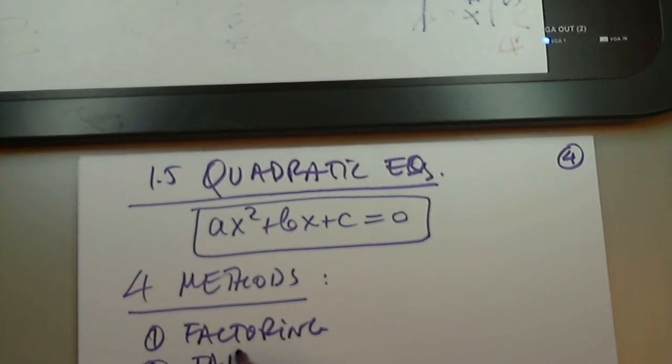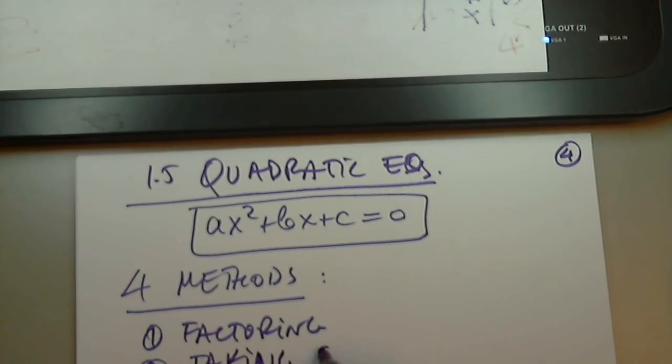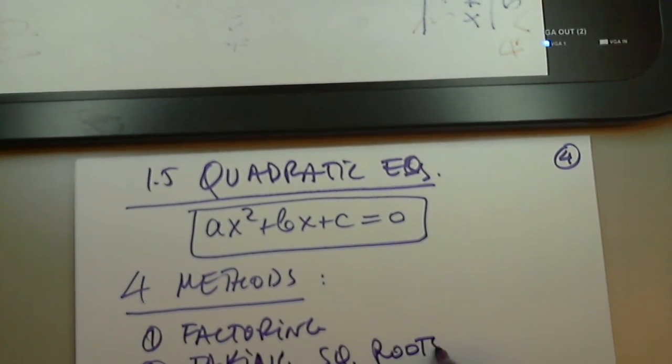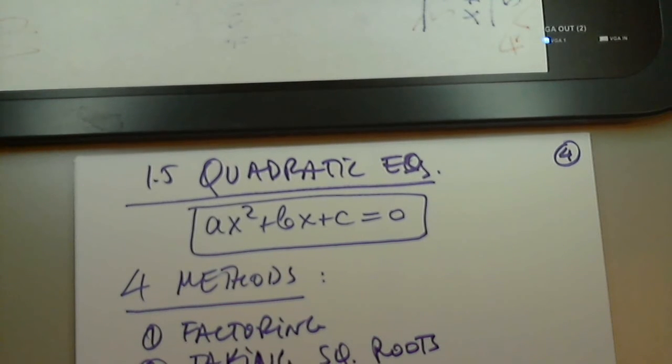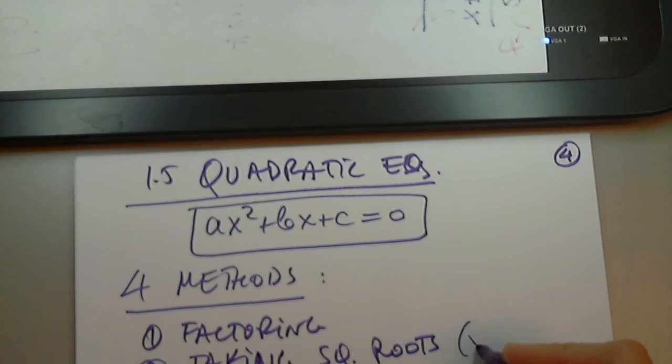Number two, taking square roots from both sides of an equation. This is extremely useful, as long as the equation is set up not like that, but like this. So let's say this is an example: x plus 1 squared equals 4.